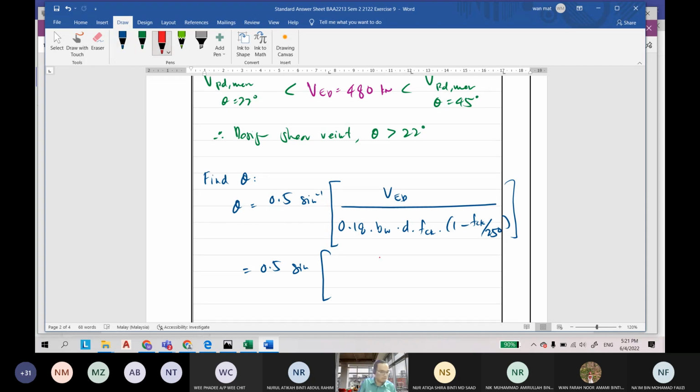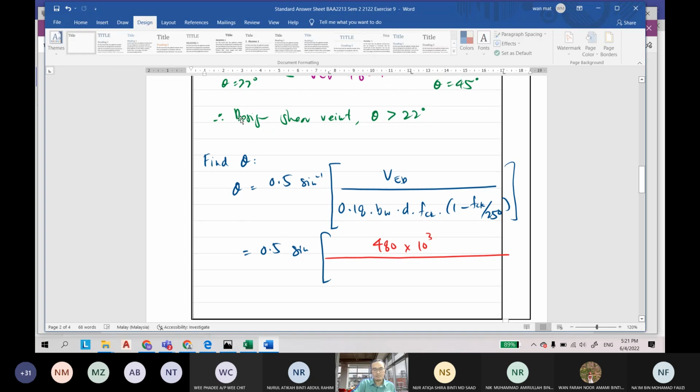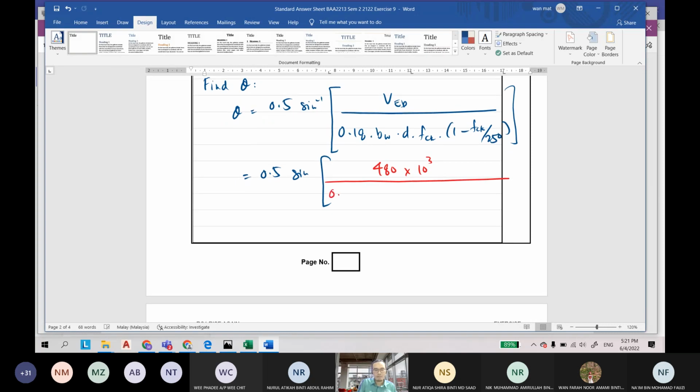Our VED is 480 times 10 to the power of 3, divided by 0.18 times 225 times 500 times 30 times 1 minus 30 over 250.